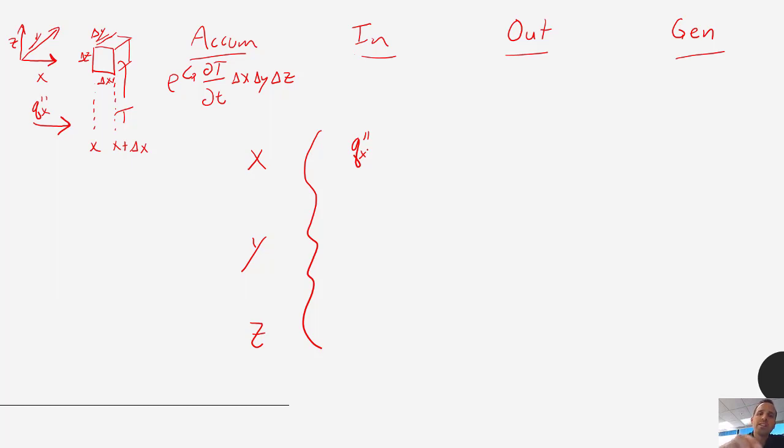So remember, flux has units of watts per meter squared. So we want to take this heat flux in the x direction and multiply it by the appropriate cross-sectional area to heat transfer. So our flux is going to encounter a certain cross-sectional area as it goes across from left to right. So that cross-sectional area, as you can see, is going to be delta y times delta z.